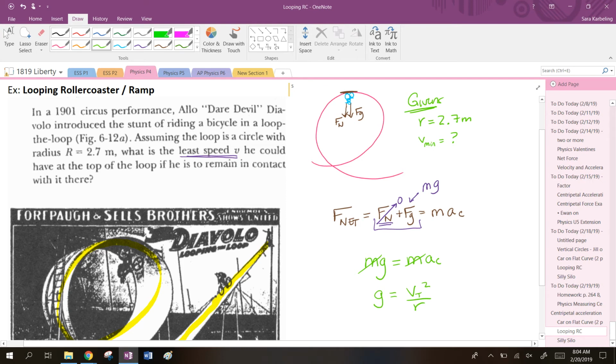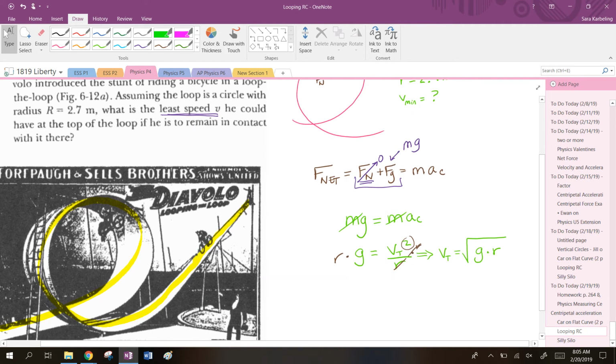So now, really, friends, the only thing that matters to tell you the minimum speed is the radius of the loop. So we can say that Vt, this is the minimum now, is going to be equal to the square root of g times r. So I multiplied r to both sides to get rid of the r down here. And then I wanted to get rid of the squared. The way to get rid of a squared is to take the square root, right? So here we go.